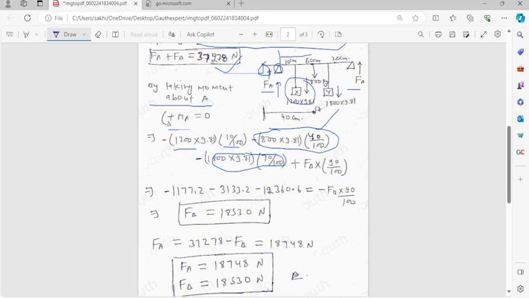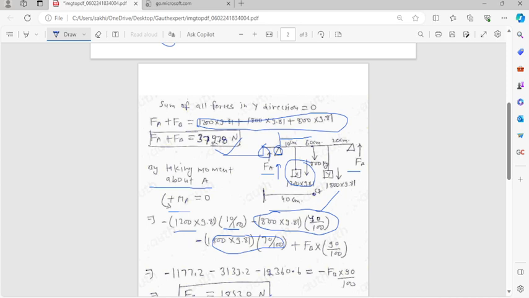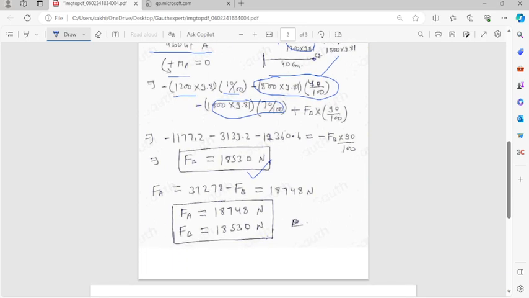By solving this equation we get FB equal to 18,530 Newton, and we have equation 1. So FA is equal to 37,278 minus FB.